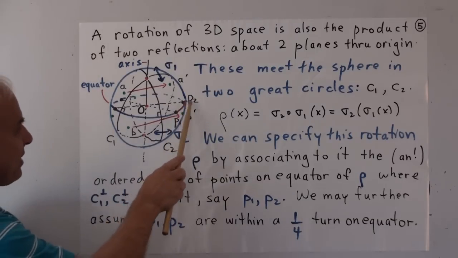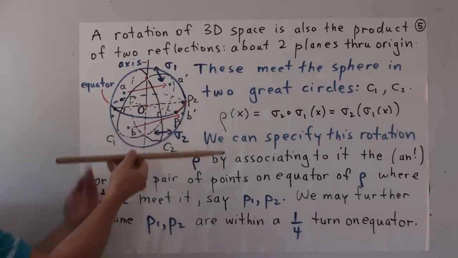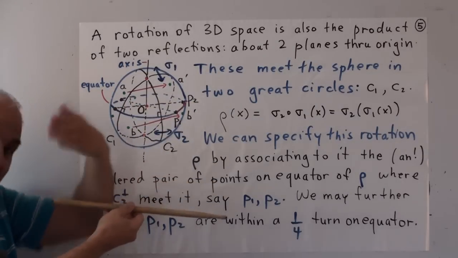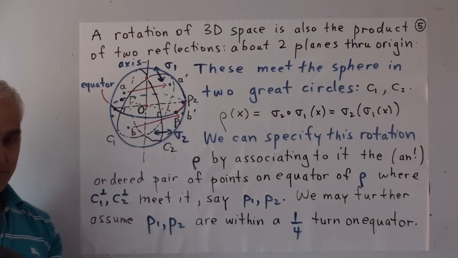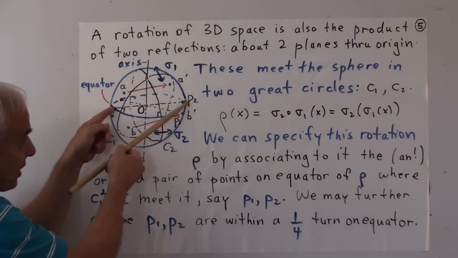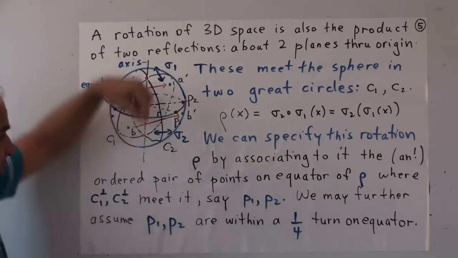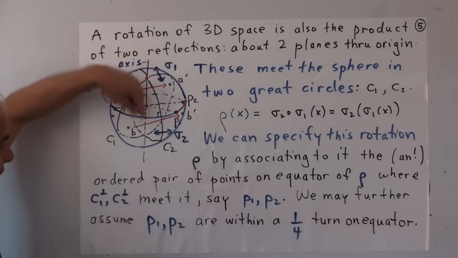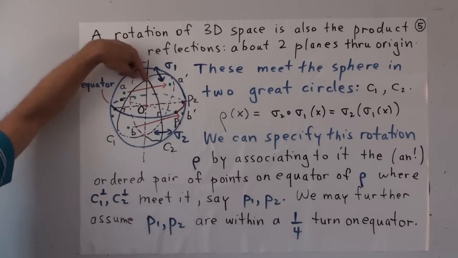And these are going to be, say, this point and this point over here. That line would be perpendicular to the plane that we used to cut out C2. And those two points are going to also lie on the original equator, which is the equator corresponding to the north and south poles where the two planes C1 and C2 meet.